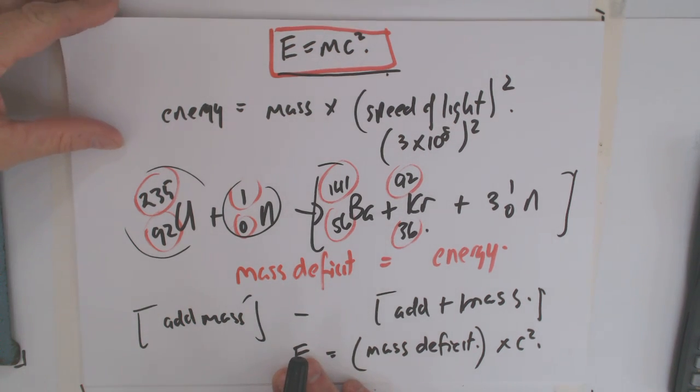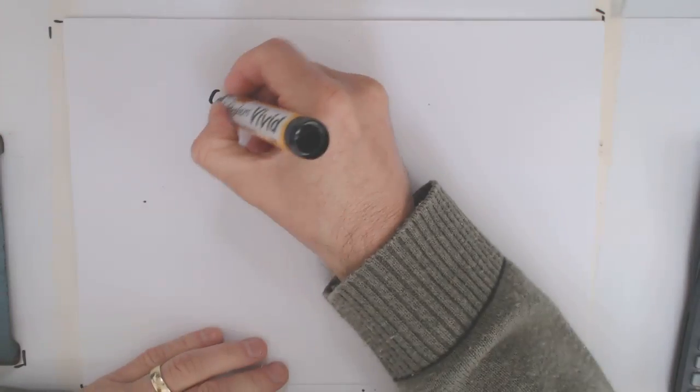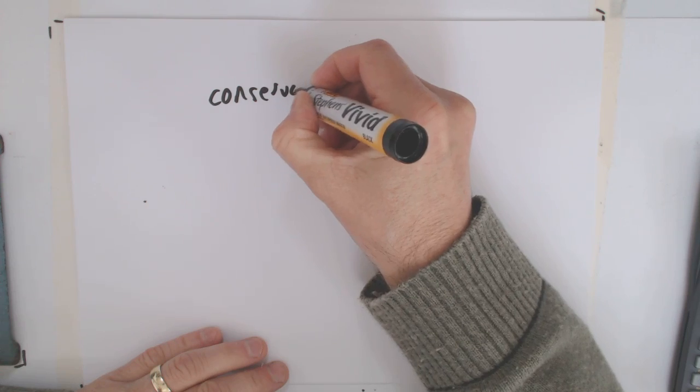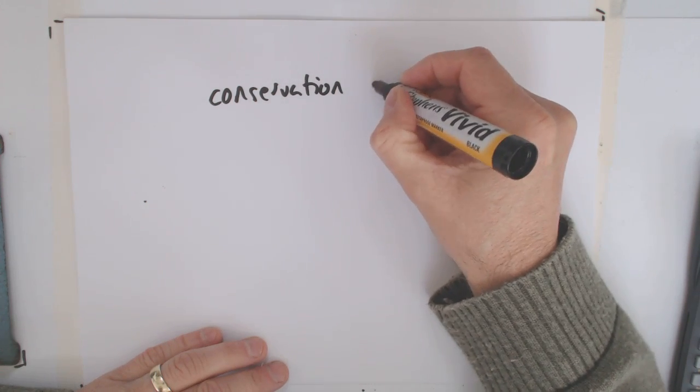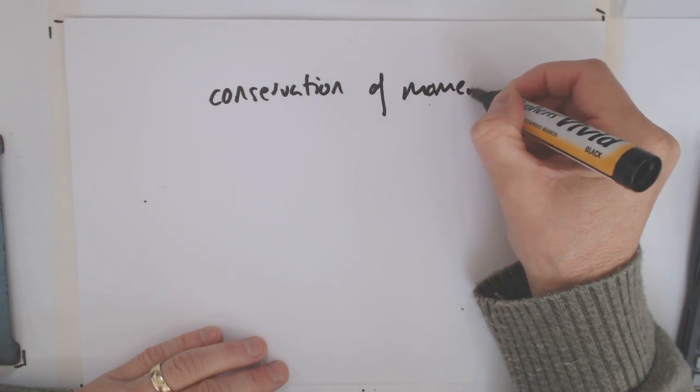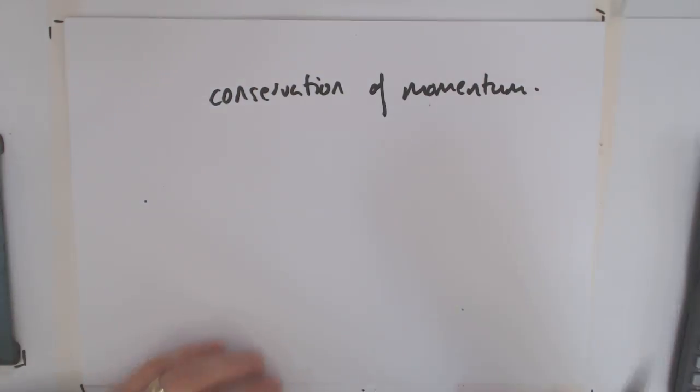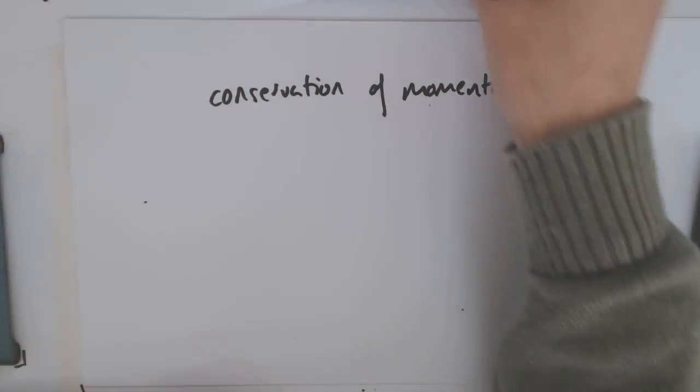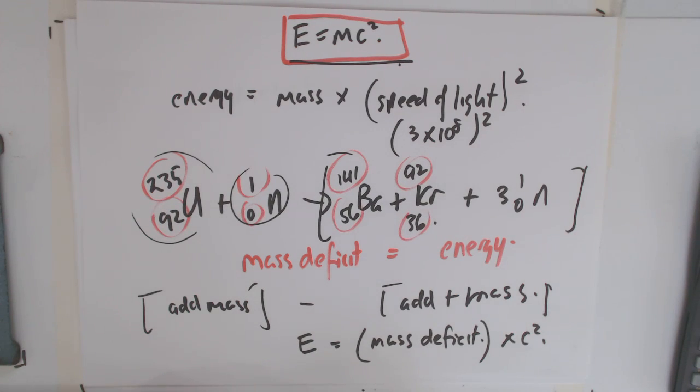Now there is another conservation law which I think you all know about, called conservation of momentum. So when this reaction happened and there was this huge amount of energy, where does it go?